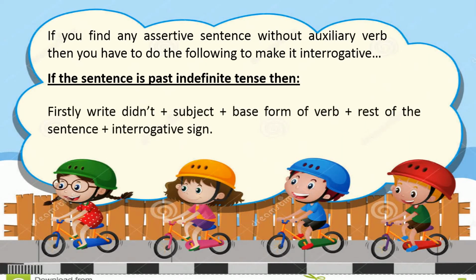Then just write didn't. So you know from these rules that you have to use don't, doesn't or didn't. Don't and doesn't are used in the present indefinite tense, and didn't is used in the past indefinite tense, plus subject, plus base form of the verb, plus rest of the sentence, plus interrogative sign. The similar rule.